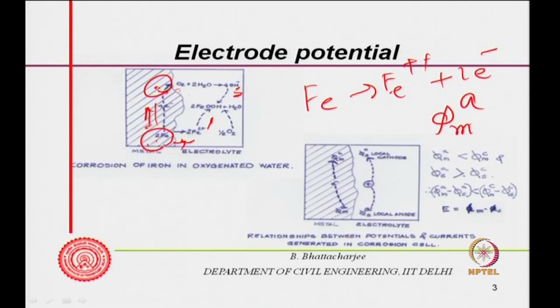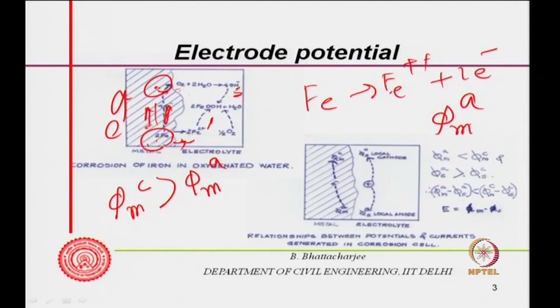Why? Because the electron is moving along this direction. So, phi m c must be greater than phi m a, where phi stands for the potential at the metal.